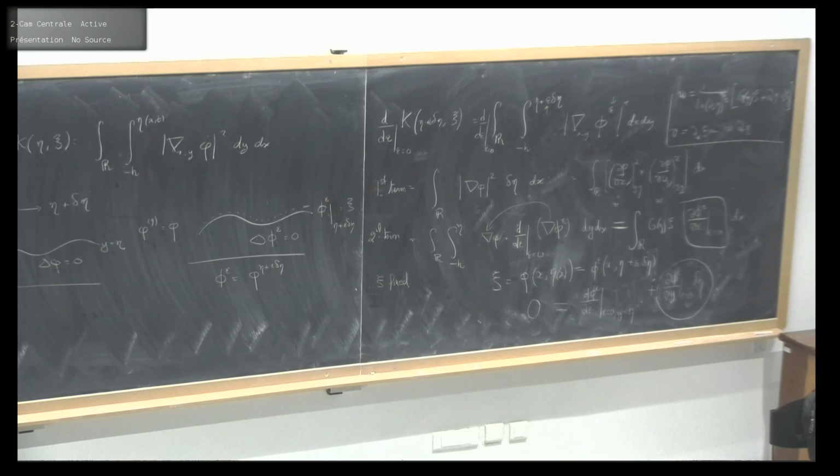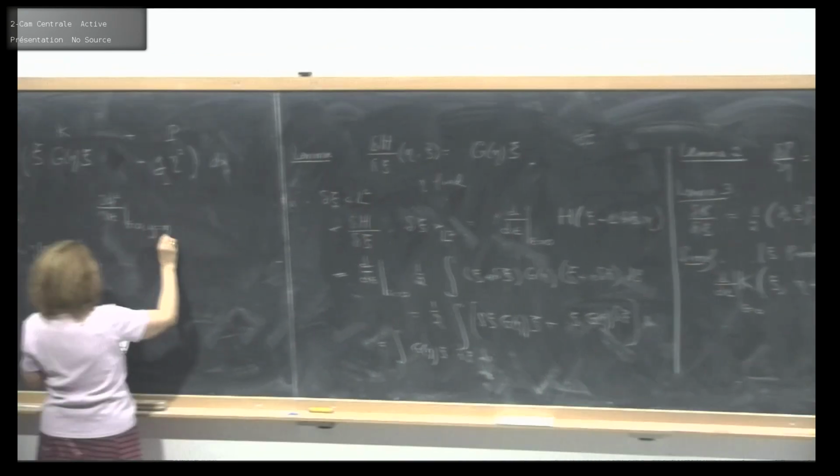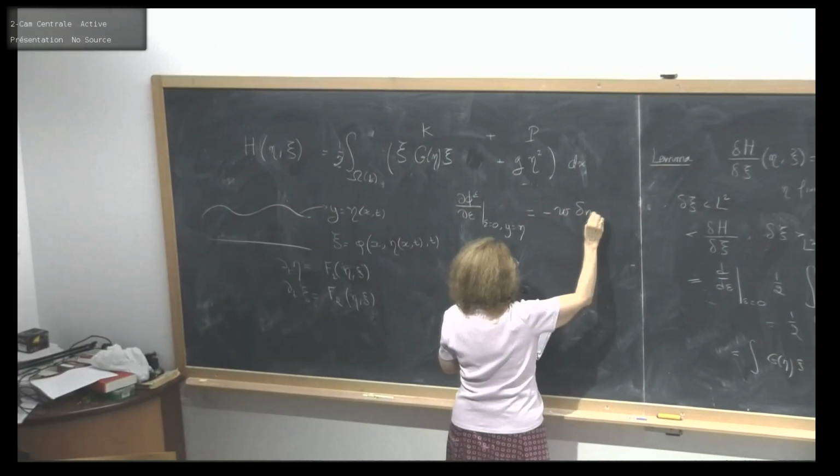The second term gives me at the end that d phi d epsilon at epsilon equals 0, y equals eta, the term that I needed, is minus W d eta.